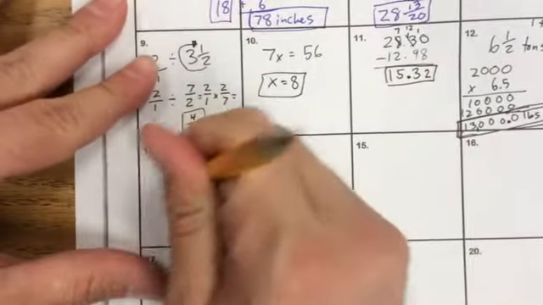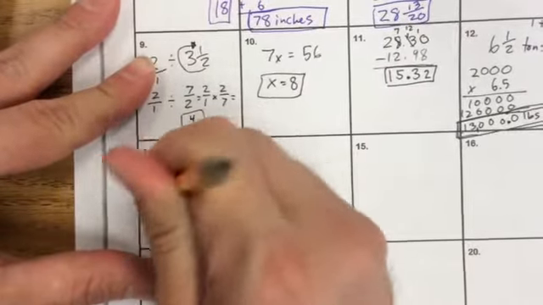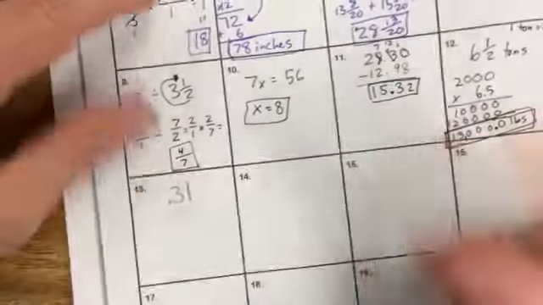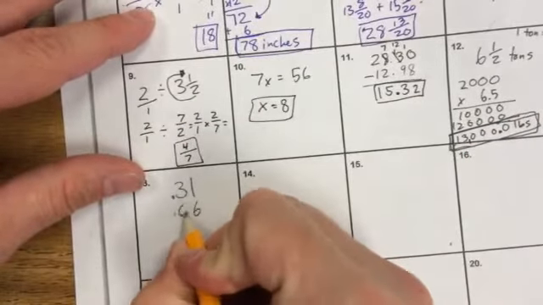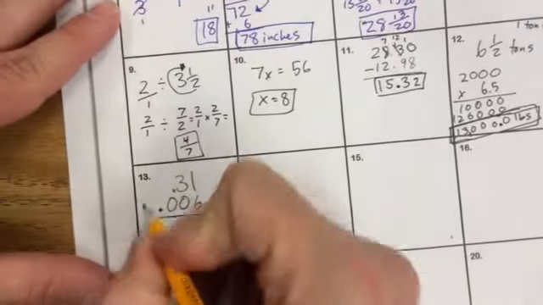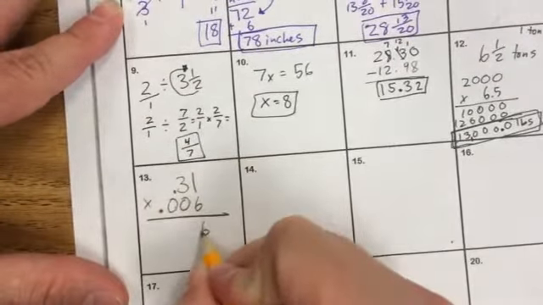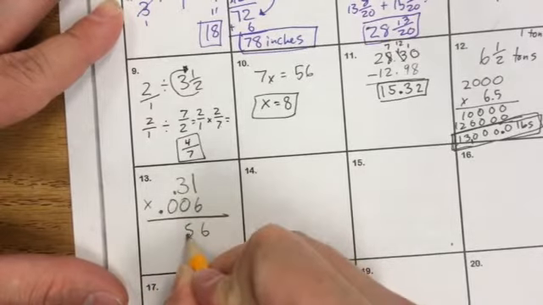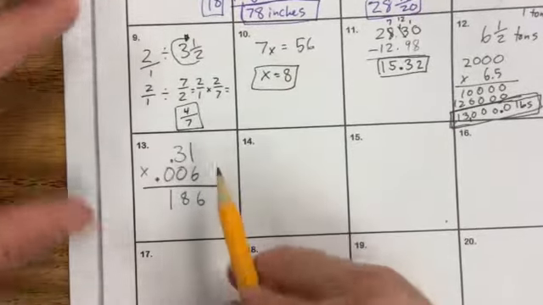Please remember that when we are working on multiplication of decimals, we do not line up the decimals, we line up our digits. So, go ahead and multiply this here. 6 times 1 is 6, 6 times 3 is 18. And I'm just going to leave that as is.